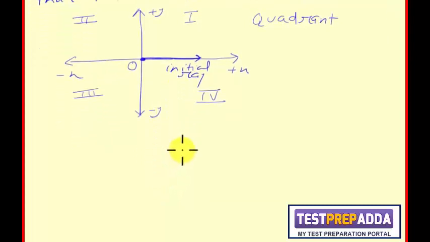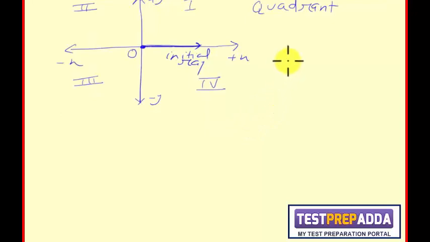Now, if I say this is the terminal ray, if the terminal ray is in the first quadrant, then the angle will be in the first quadrant.